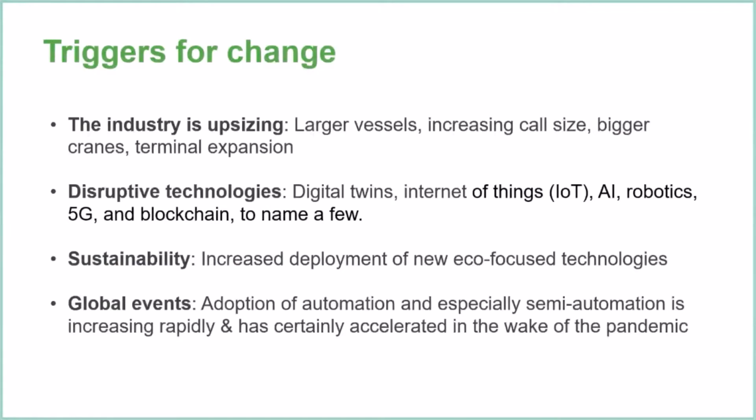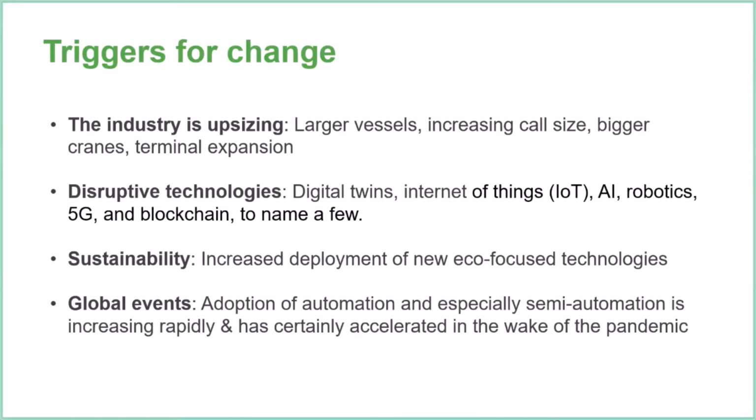The objective with automation is to minimize errors by reducing the human interaction in the process, to increase the efficiency, to reduce the cost of operating a terminal, to increase the safety by separating as much as possible the man-machine interface.